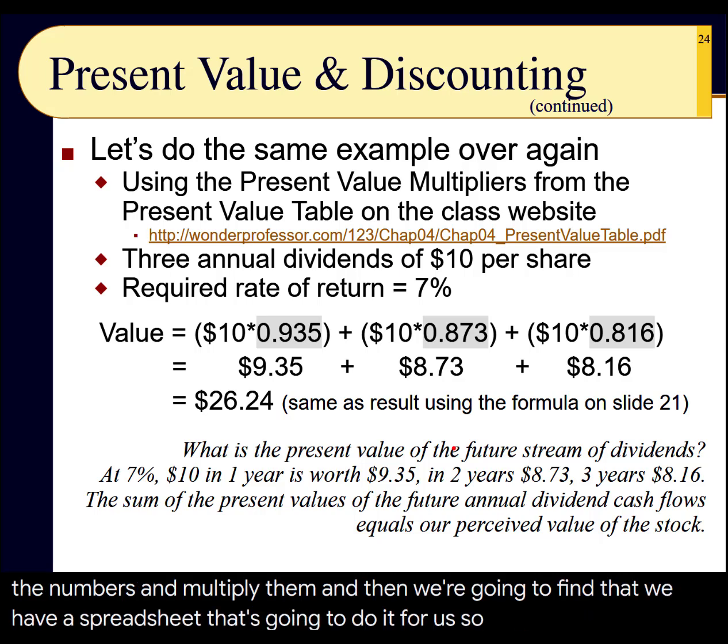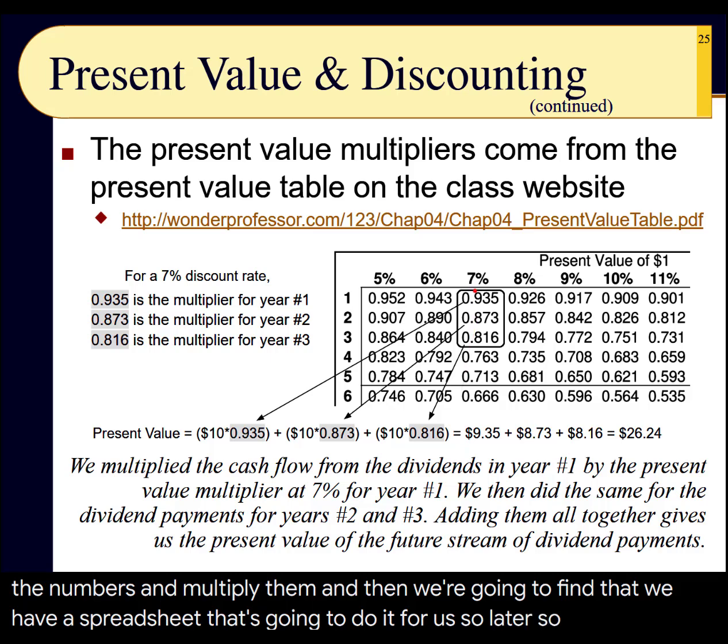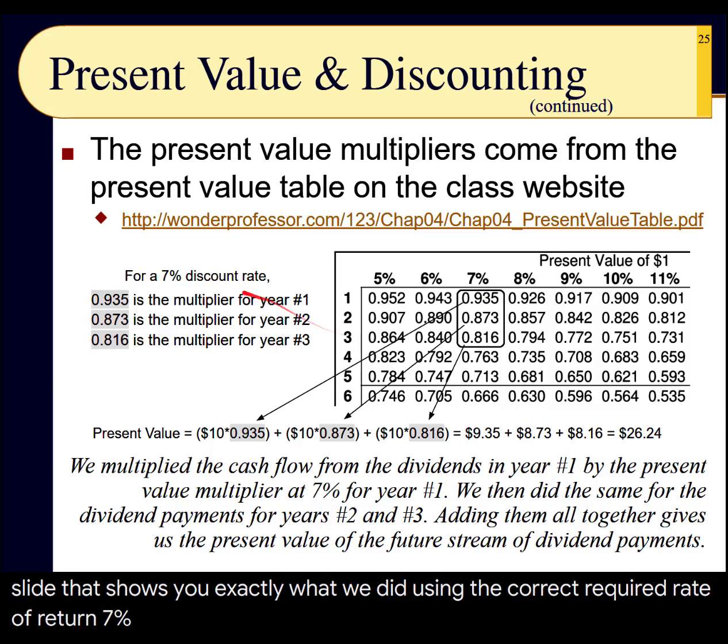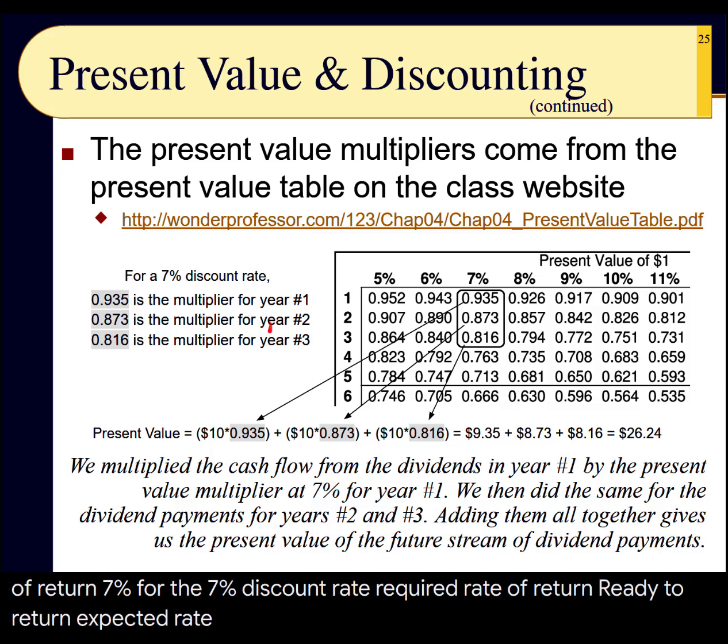So that's later on. So here is the slide that shows you exactly what we did using the correct required rate of return, 7%, for the 7% discount rate, required rate of return, desired rate of return, expected rate of return: 0.935, 0.873, 0.816.